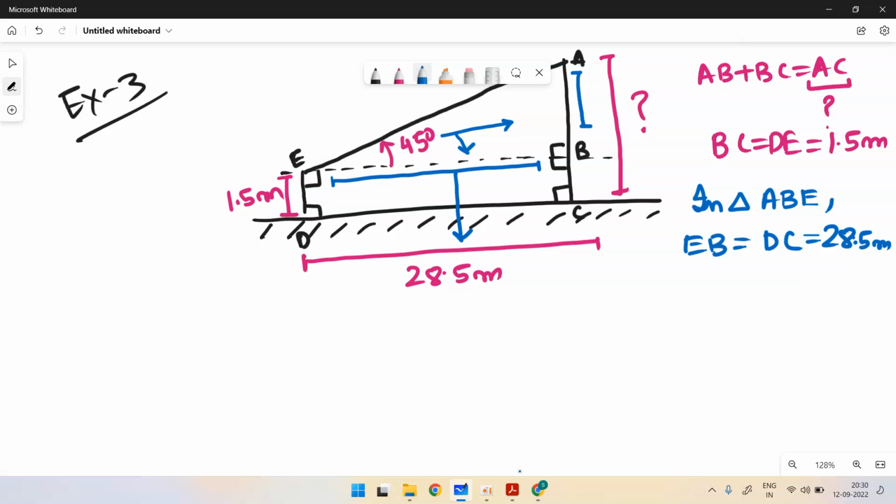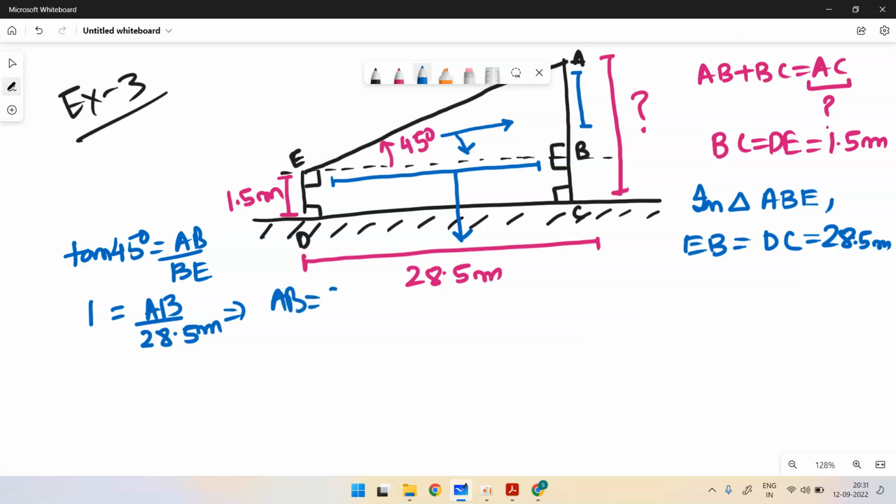So perpendicular by base is tan theta, and theta is 45, so tan of 45 degrees is AB by EB. You already know that tan 45 is 1. AB you don't know, and EB you have calculated as 28.5 meters. This implies that AB is nothing but 28.5 meters.